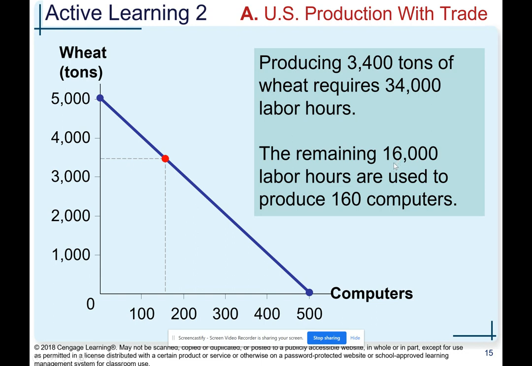That will be used to produce computers. So if you divide 16,000 by 100 hours, you get 160. And so the United States, shifting its resources, trying to specialize, is now producing a combination of 3,400 tons of wheat and 160 computers.